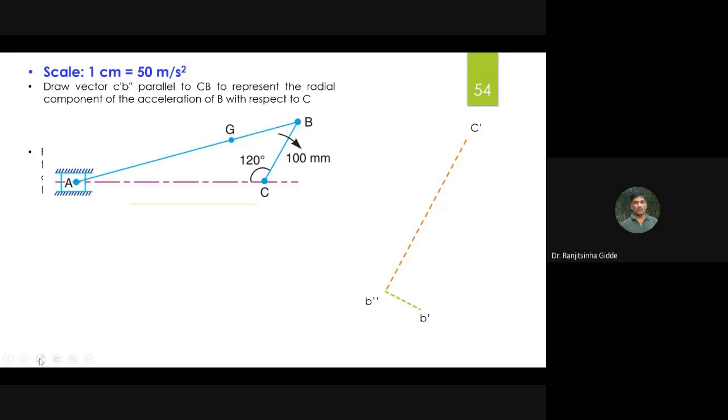Right. Now you have not asked the query with respect to this B double prime B: why not draw it here?